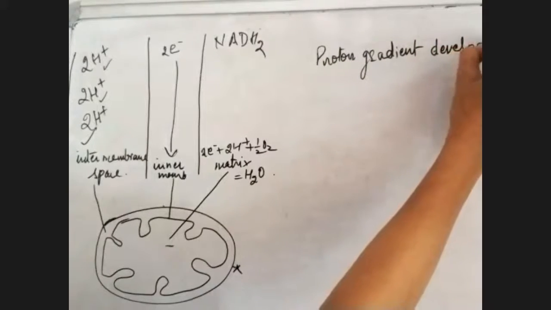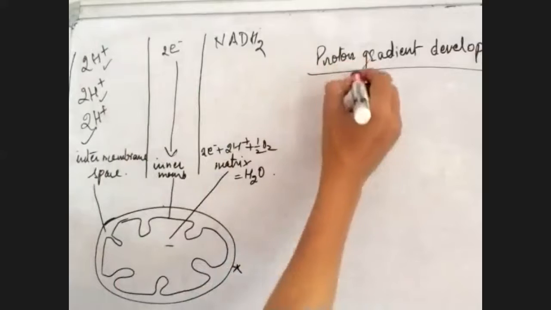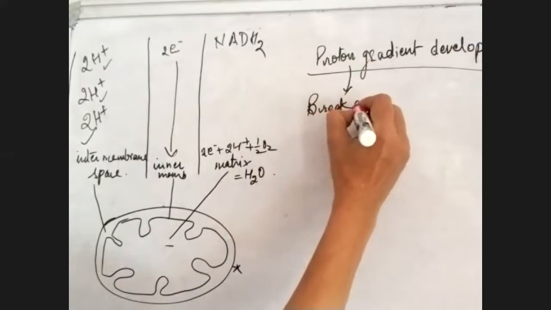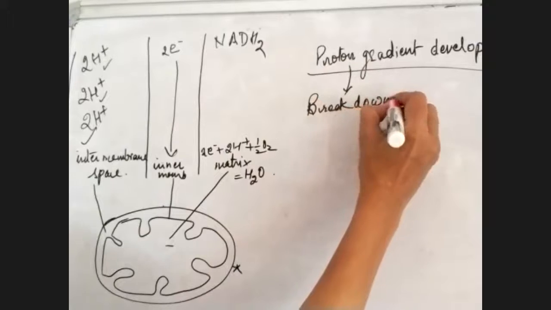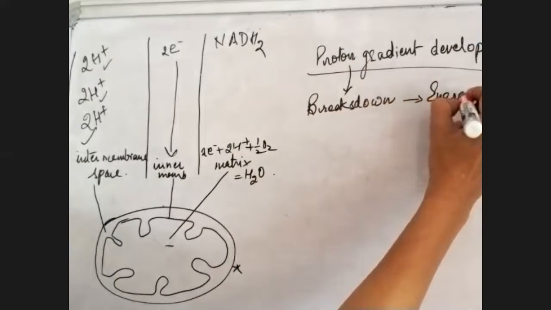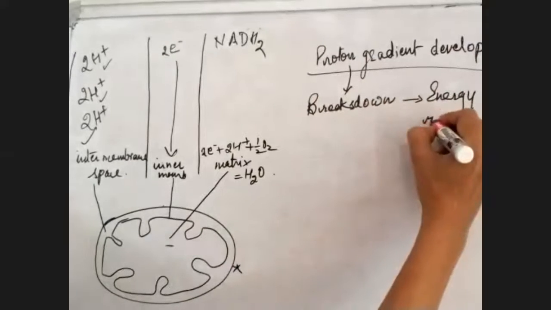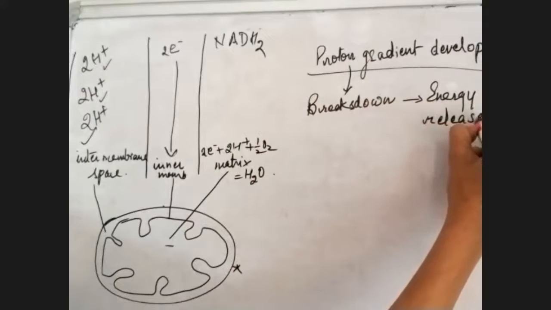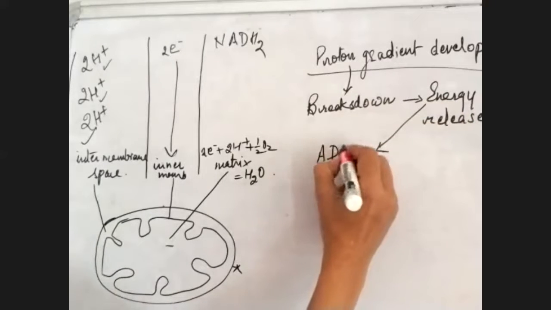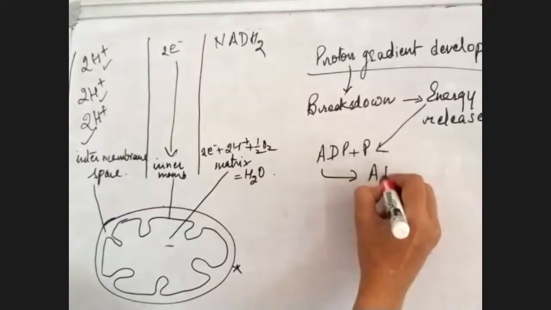Because of the breakdown of this proton gradient, energy is released, and this energy is utilized in combining ADP plus P to give ATP.